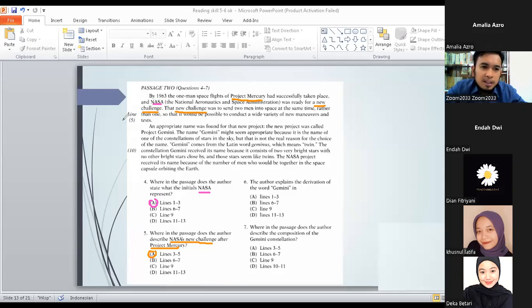And then number 6. What about number 6? Number 6, bravo. Where does the author explain the derivation of the word Gemini? Where does the word Gemini come from?